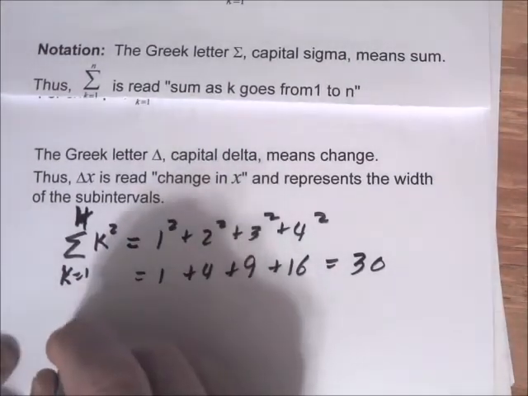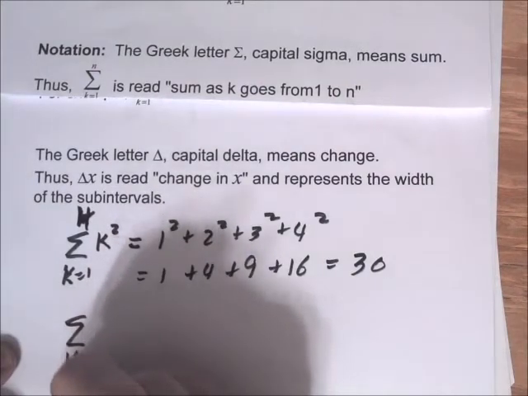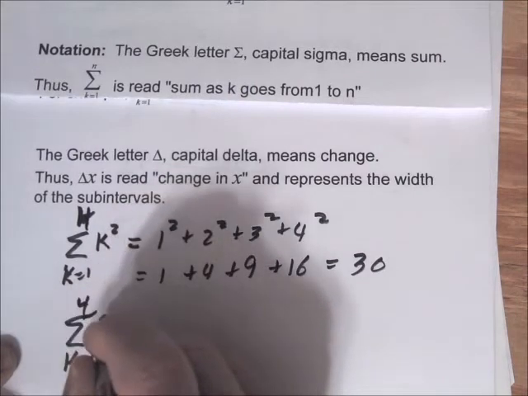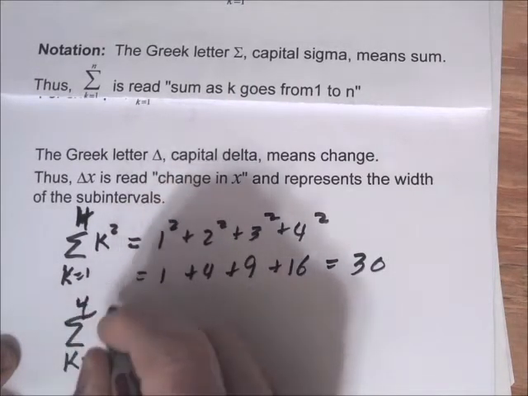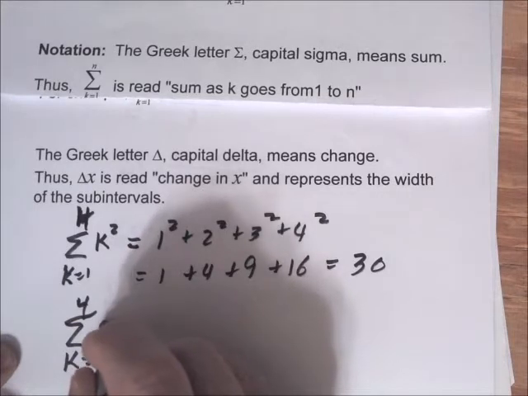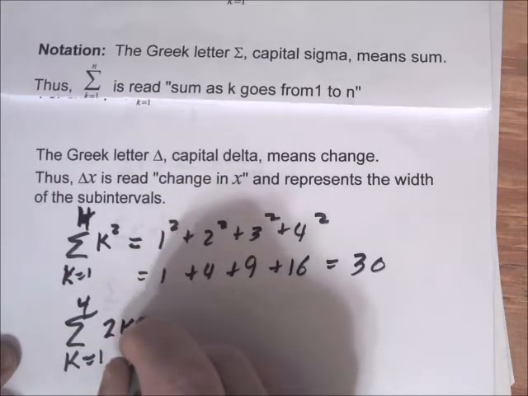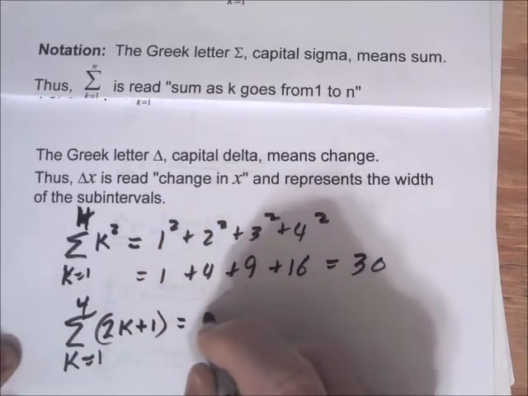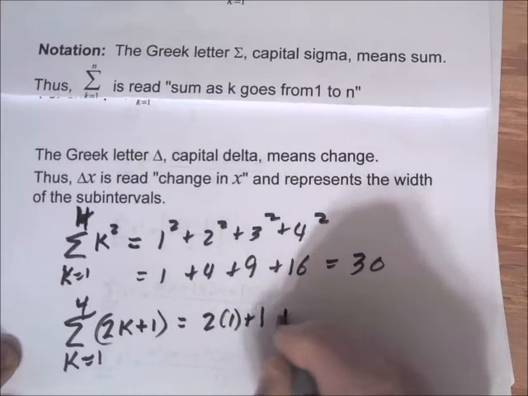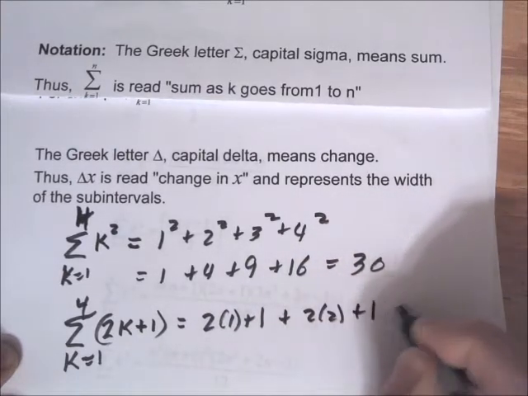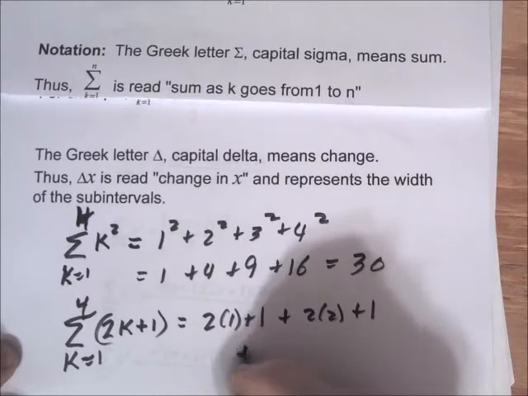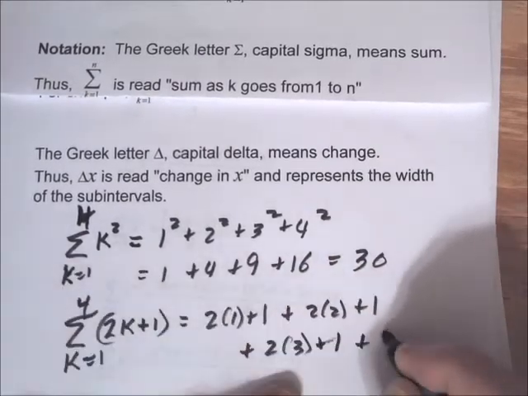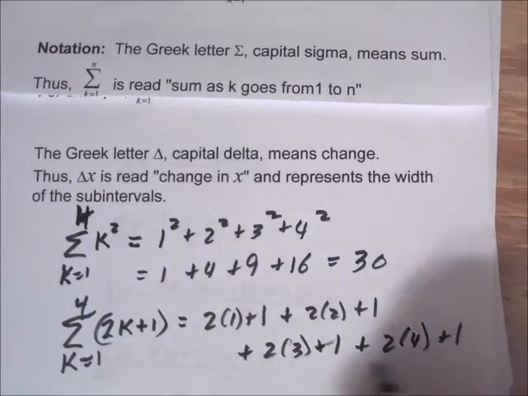We could also do, let's say, the sum for k equals 1 to 4 of 2k plus 1. So this would be 2 times 1 plus 1, plus 2 times 2 plus 1, plus 2 times 3 plus 1, plus 2 times 4 plus 1.